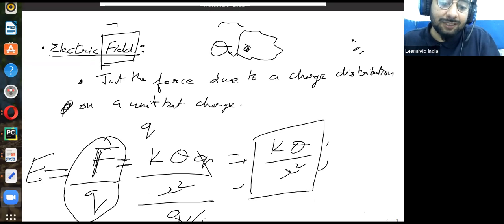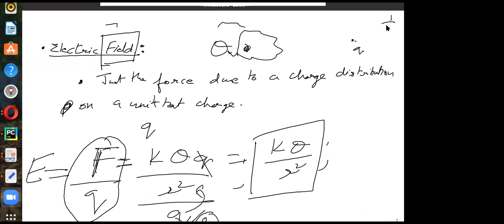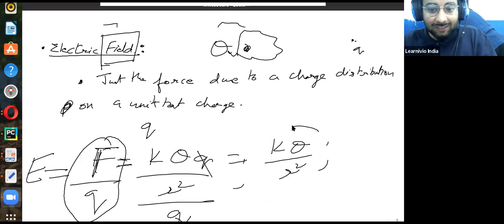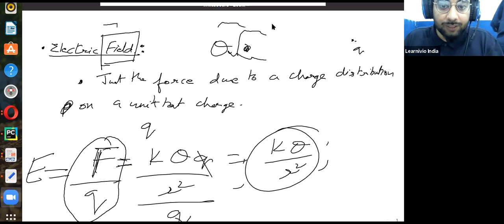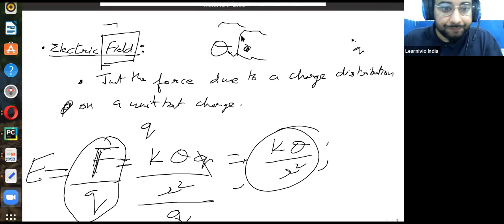If it was divided by q here, then this would go to the numerator and this would go to the denominator. No problem. So these two will cancel out, and this just gives you kQ over r squared. So that's essentially how we're going to define an electric field.